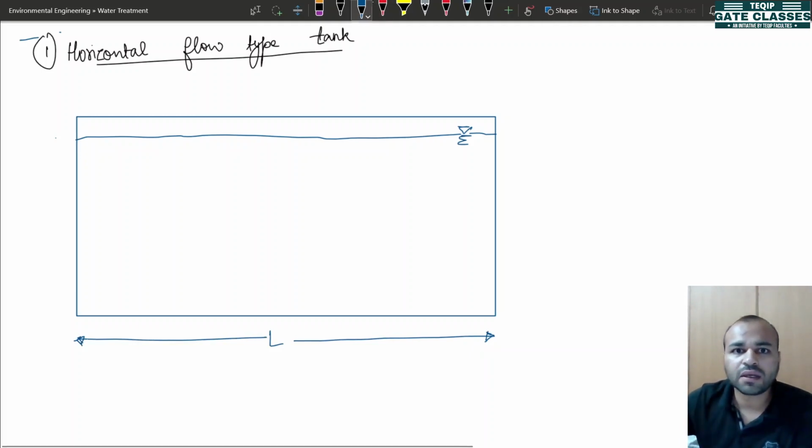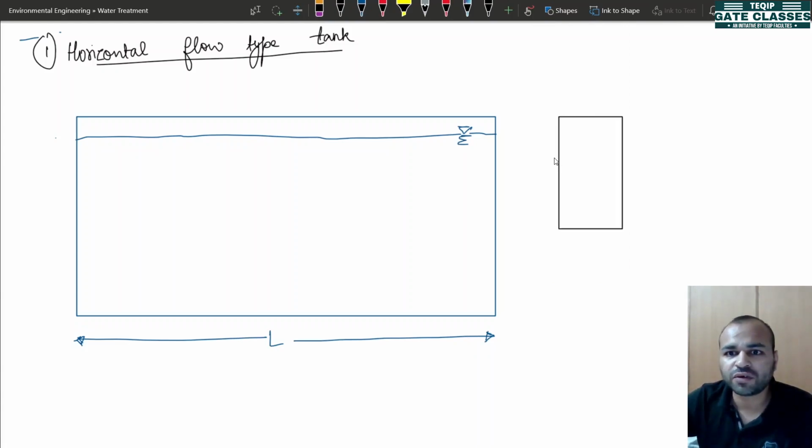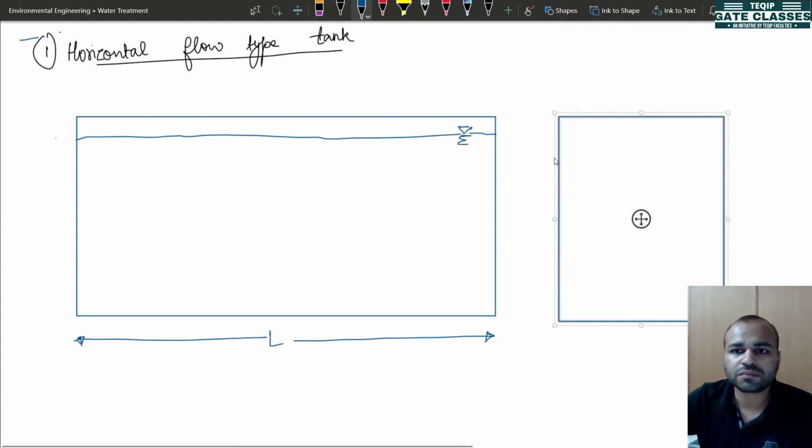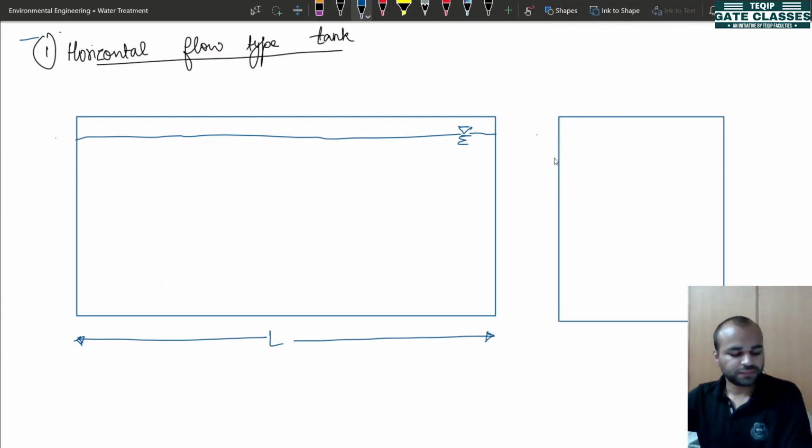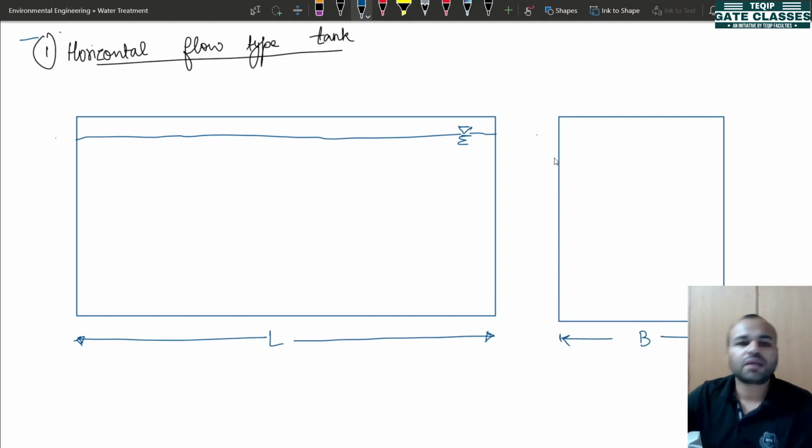Let me draw the side cross section view also. So this is your side view. This is the breadth of this particular tank. This is a rectangular tank.